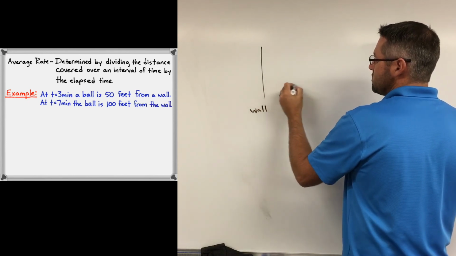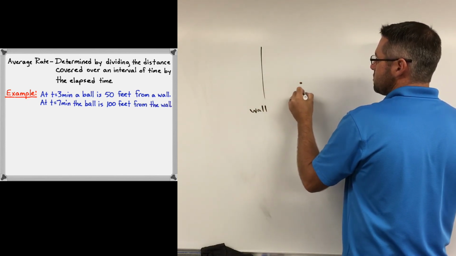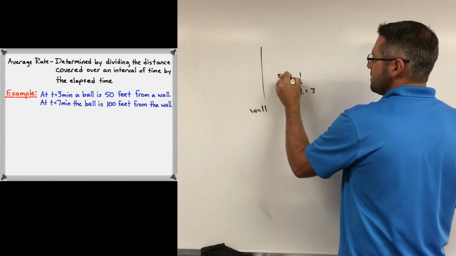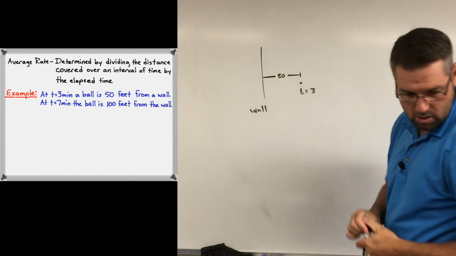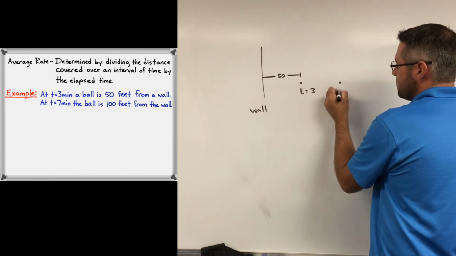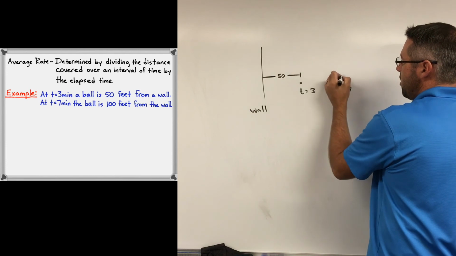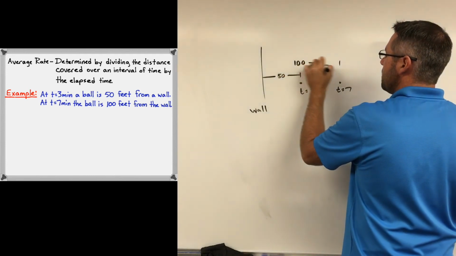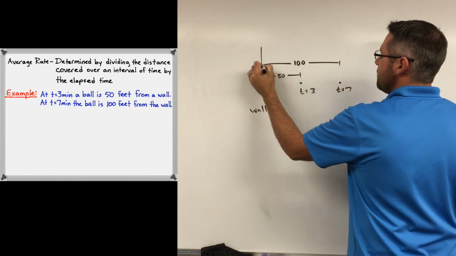At t equals 3, the ball is 50 feet away from the wall. At t equals 7 seconds, the ball is 100 feet away from the wall, okay?